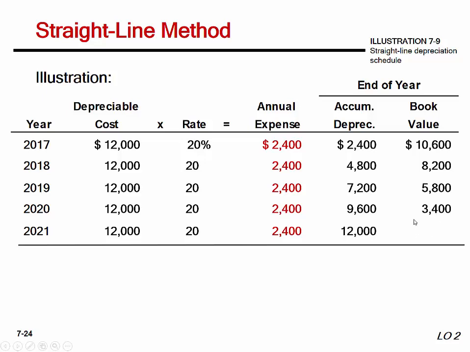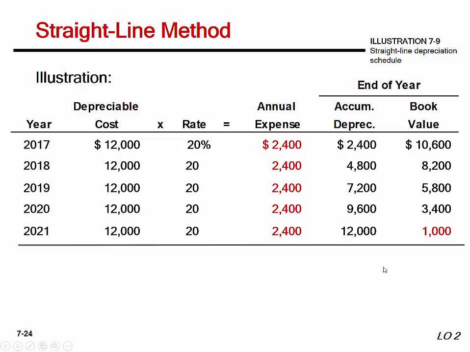Our book value then at the end of year 5 would still be calculated the same. Historical cost, 13,000 minus the 12,000 in accumulated depreciation gives us equipment, comma net, or book value, of 1,000.